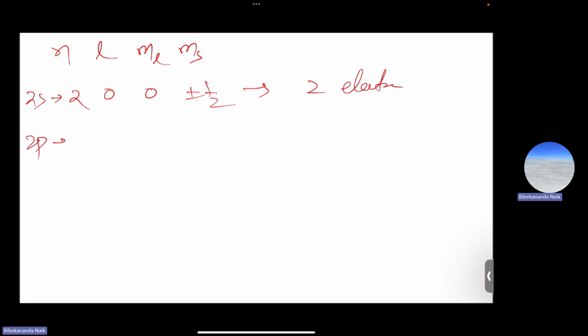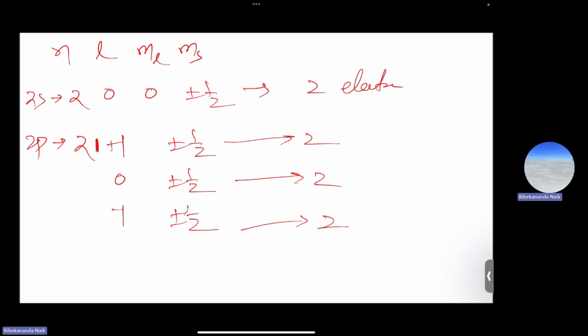Then for 2p, n is 2, l is 1, ml is plus 1, 0, minus 1, and ms is plus minus half for each. So it is 2, 2, and 2.